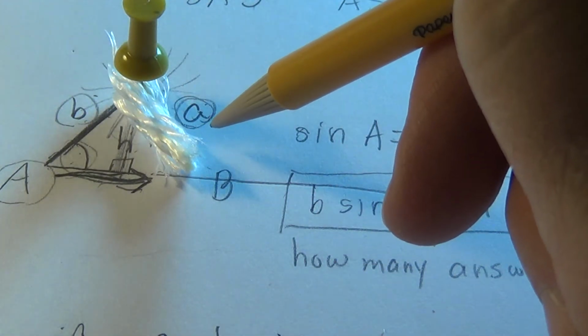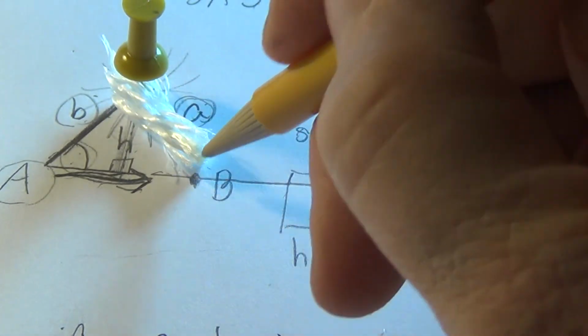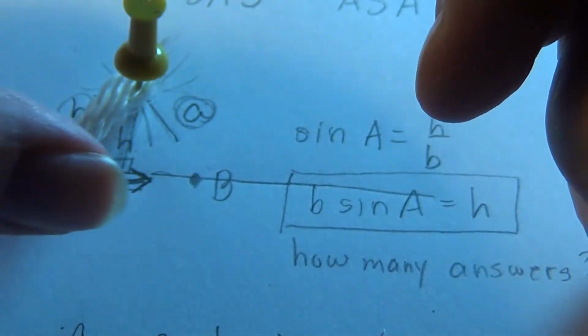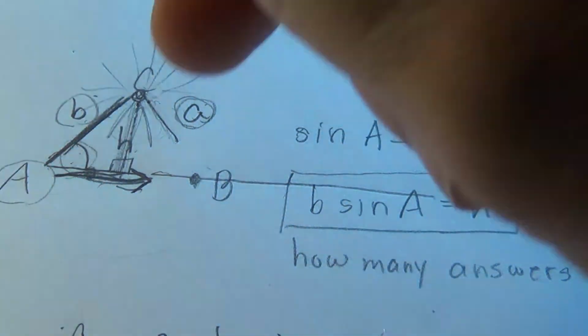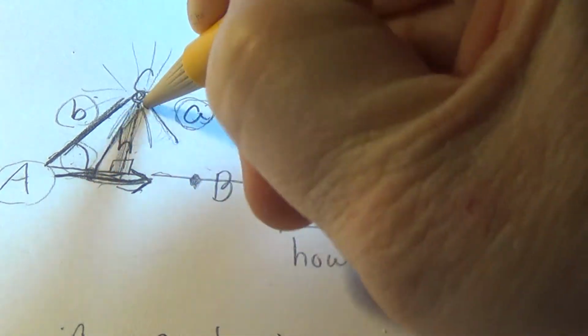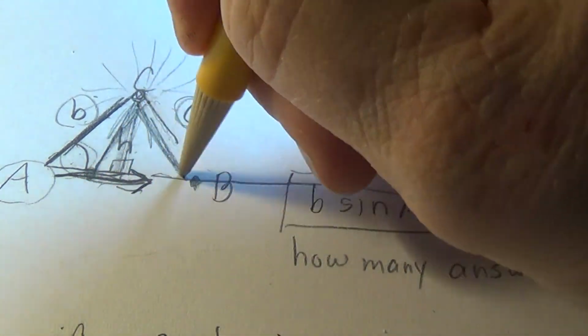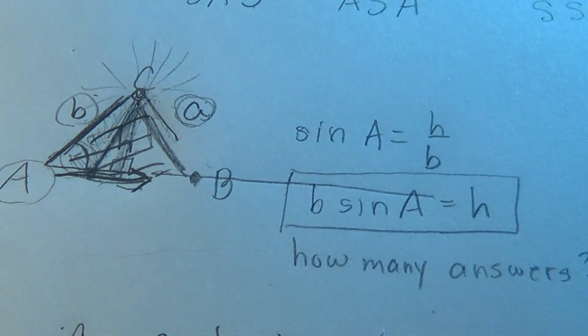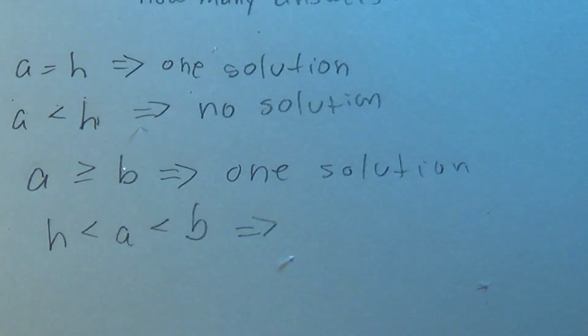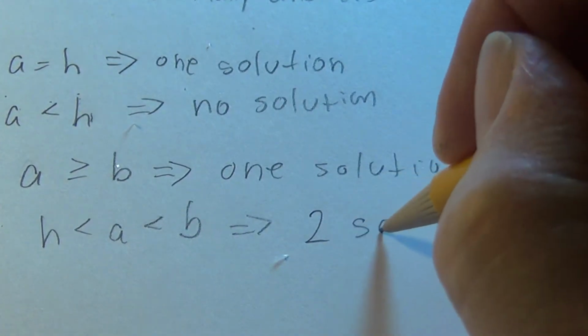Well, I can swing it this way and make a triangle by ending the side right there, or I can swing it this way and end the triangle right there. So I'm going to remove this apparatus, and I could make a triangle this way or this way. So I have this little triangle here, or I have this bigger triangle here. So in this case, I have two solutions.